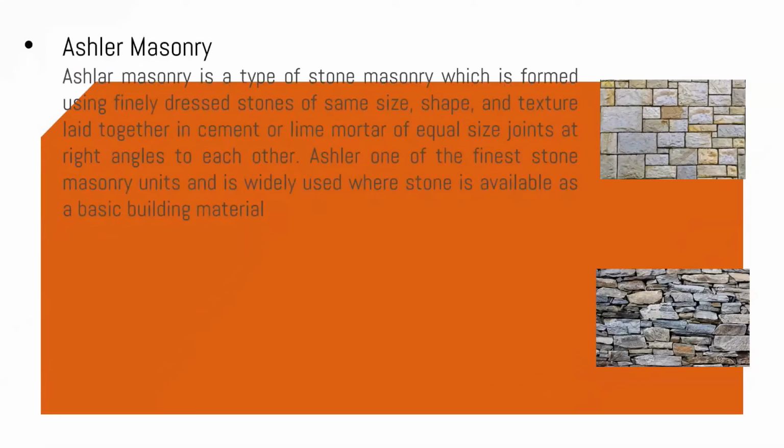Ashlar masonry. Ashlar masonry is a type of stone masonry made from finely dressed stone of the same size, shape, and texture, laid together in common or lime mortar with square side joints at right angles to each other.